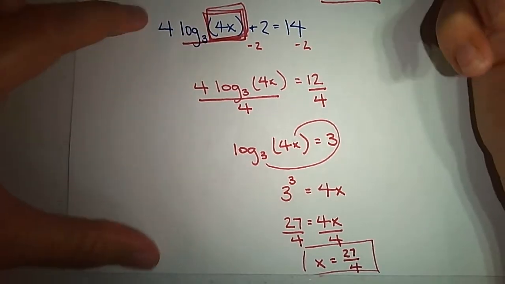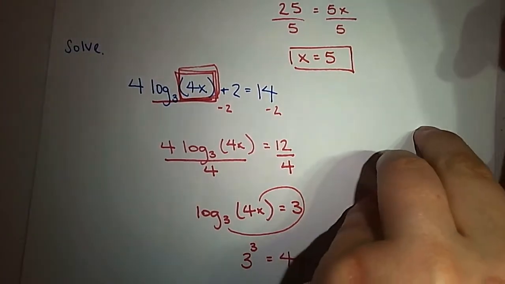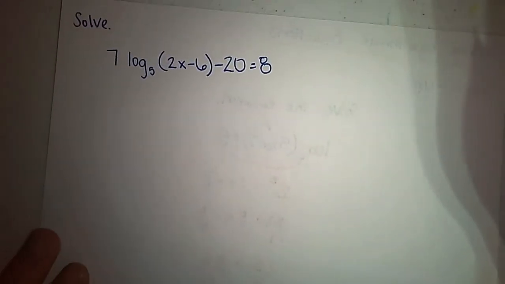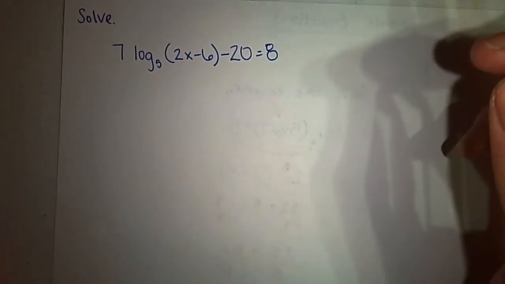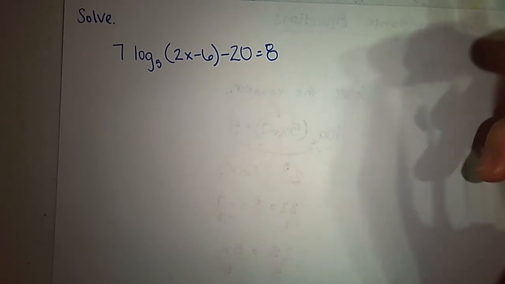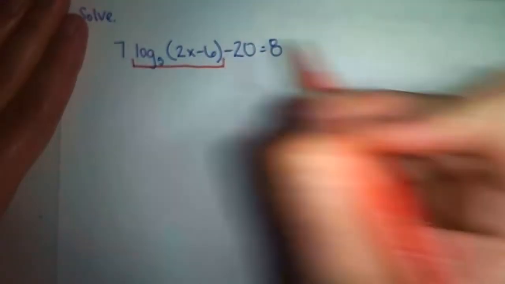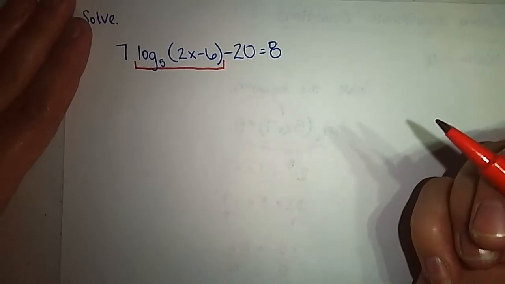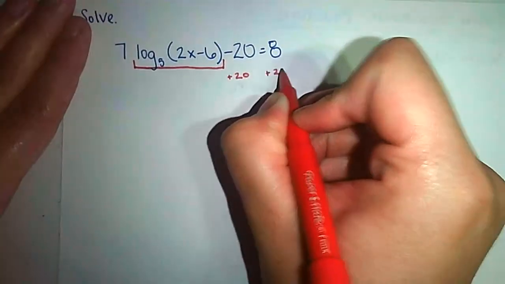All right, so for all the problems you have to do today, you have to isolate the log before you can do your log roll. Let's do one more example. Let's do this one right here. Again, first thing we need to do is isolate the log. In order to do that, I'm going to add 20 to both sides.